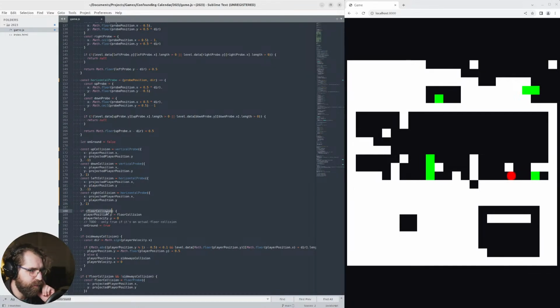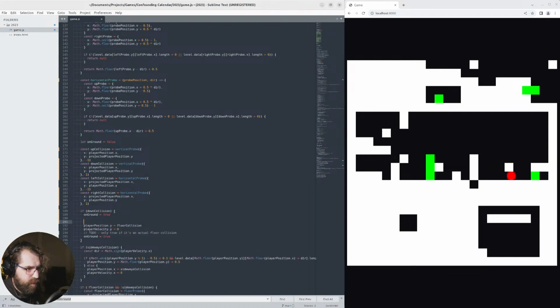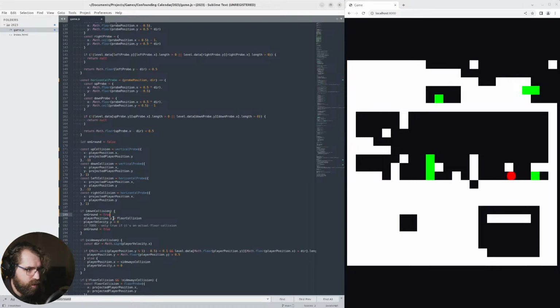So then here, floor collision. I do want these to happen. Okay, so down collision should set on ground to true. But then if we also have up collision, no, not also, or.